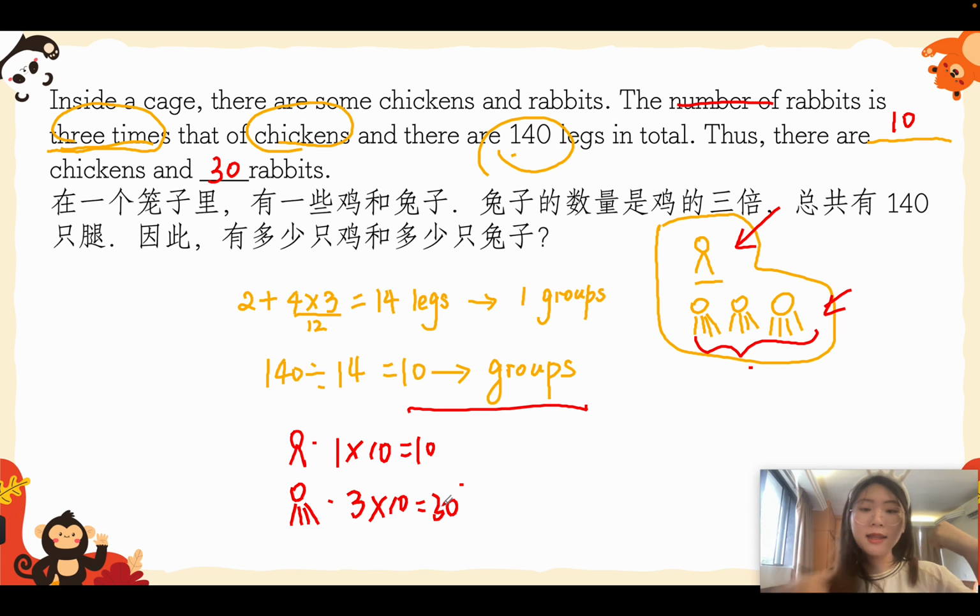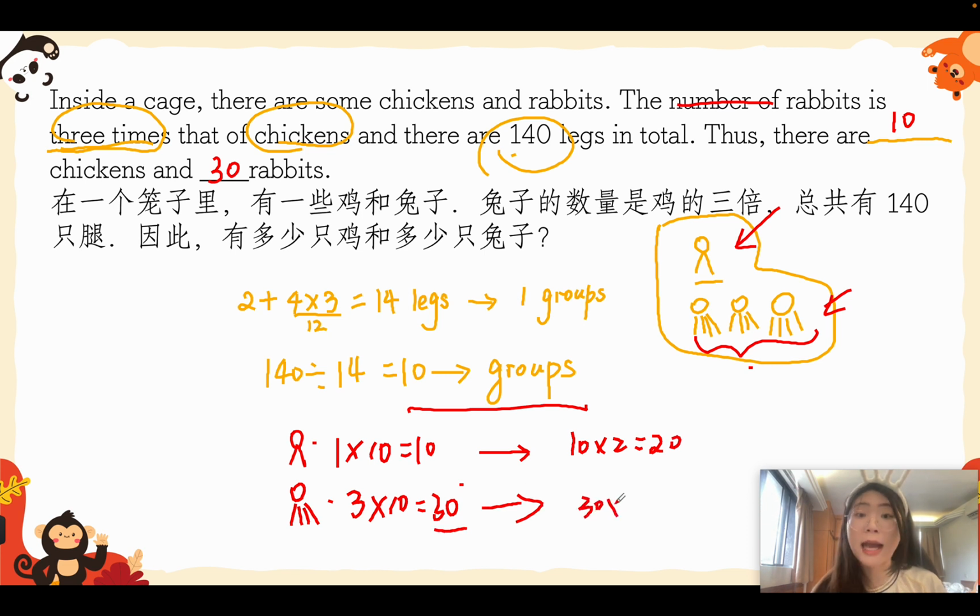Okay, and in the end, I strongly recommend you to double check your answer. Like 10 chickens, then 10 times 2, 20. 30 rabbits, 30 times 4, 120 legs. And you add them up, you can find it's 140 legs.